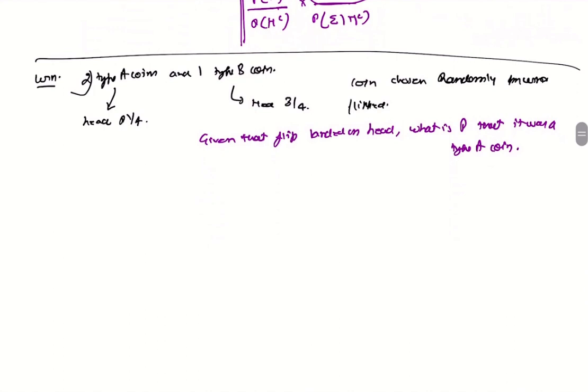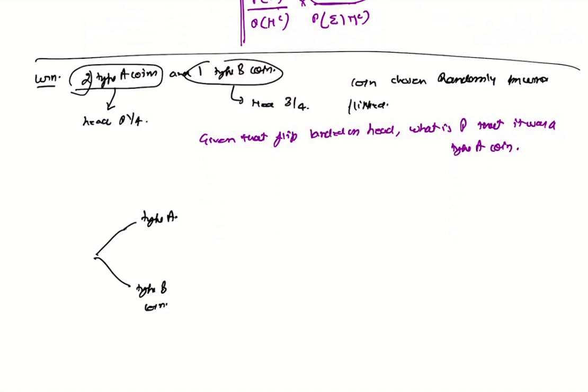So we start with a probability tree here. We have a type A coin and a type B coin, and we don't know which is which, but we know there are two type A coins and one type B coin. So the probability of a type A coin is 2 by 3 and of a type B coin is 1 by 3.